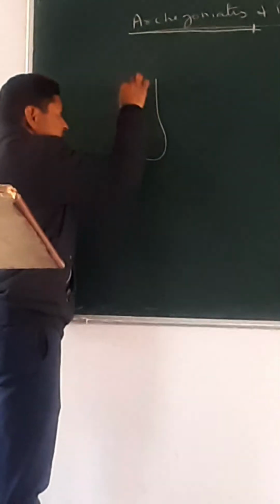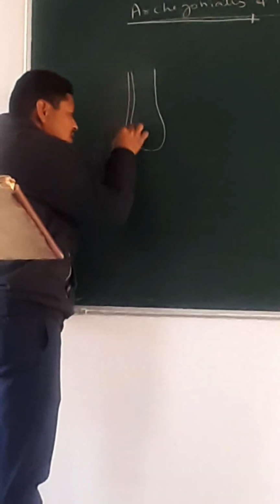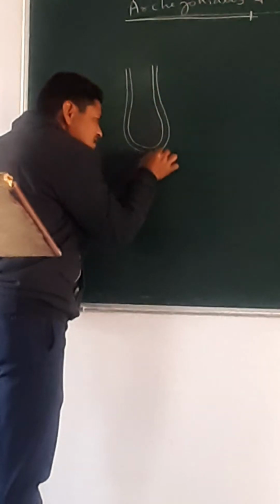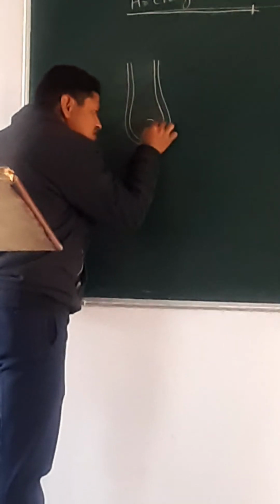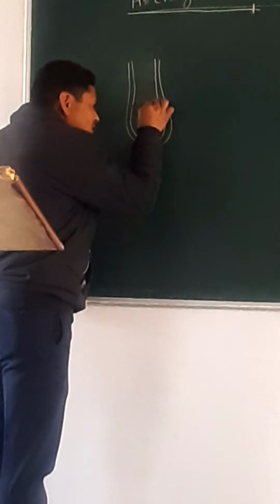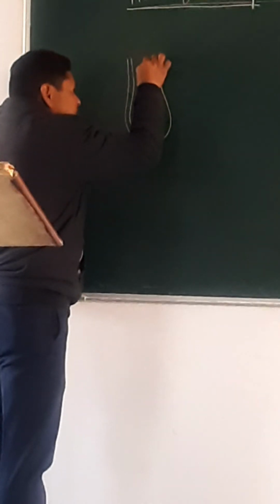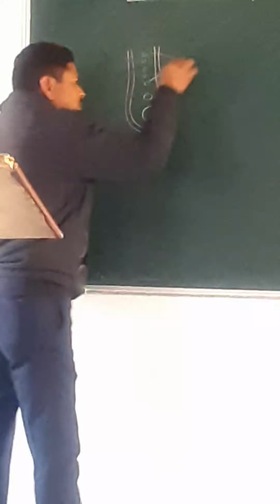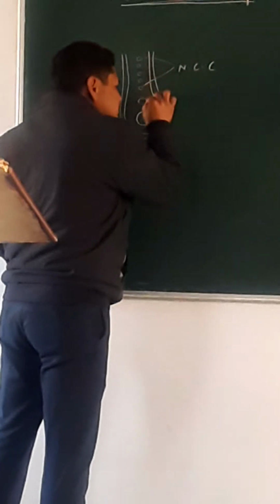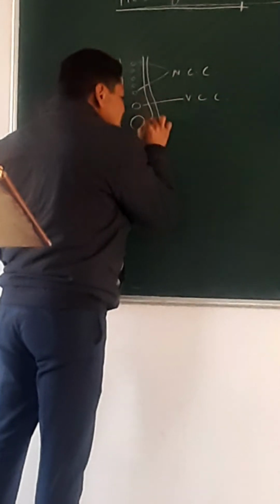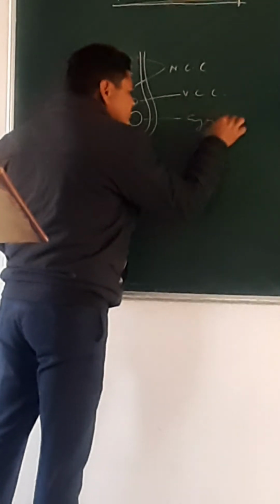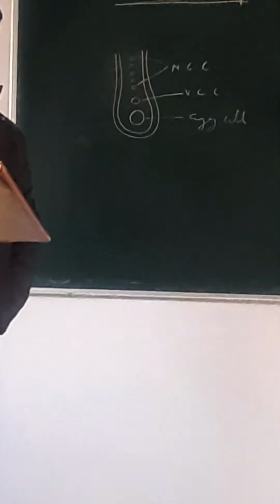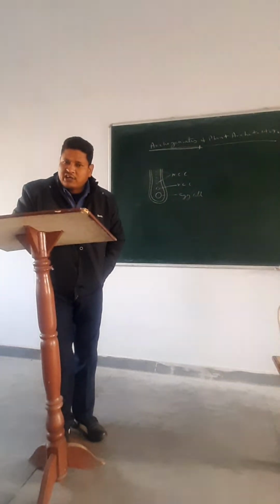This broad basal region is called the venter, and inside the venter a large egg cell, a small venter canal cell, and a number of neck canal cells are present. These are the neck canal cells, this is the venter canal cell, and this is the egg cell.